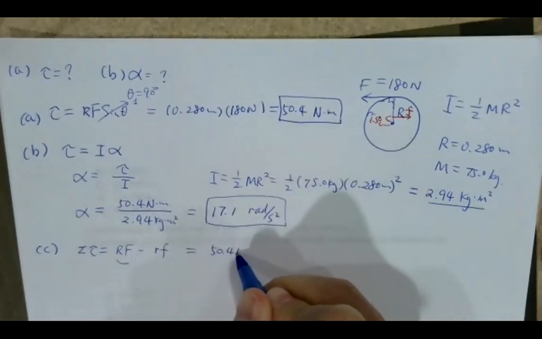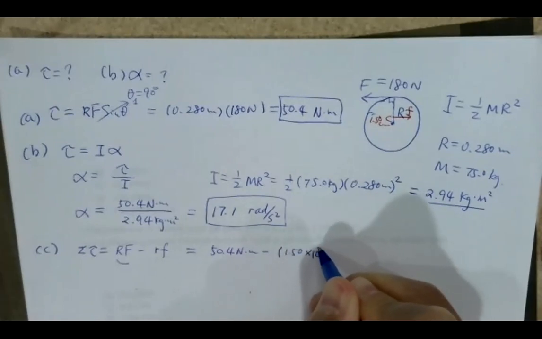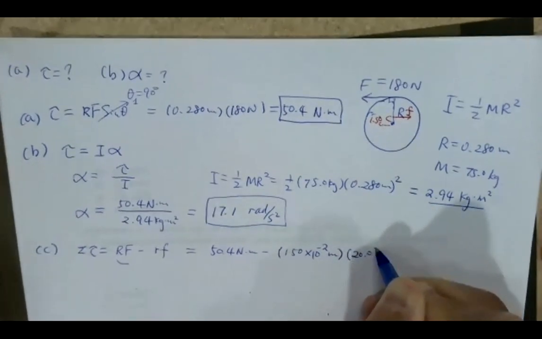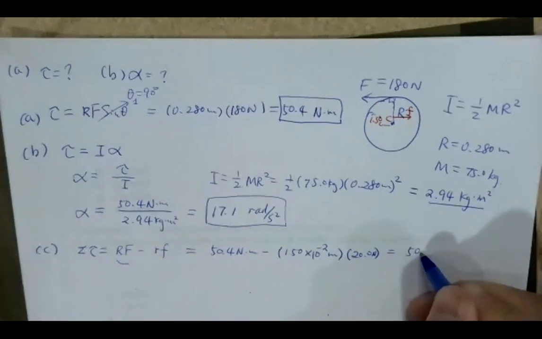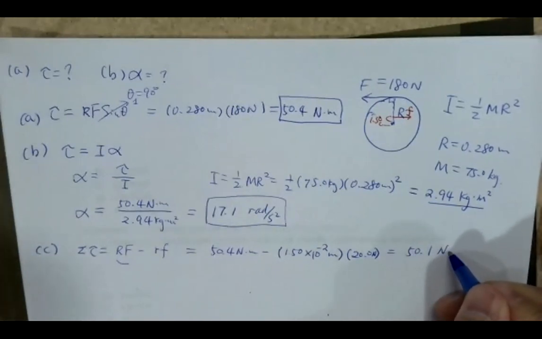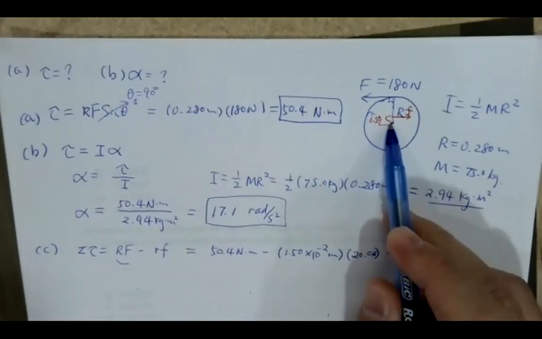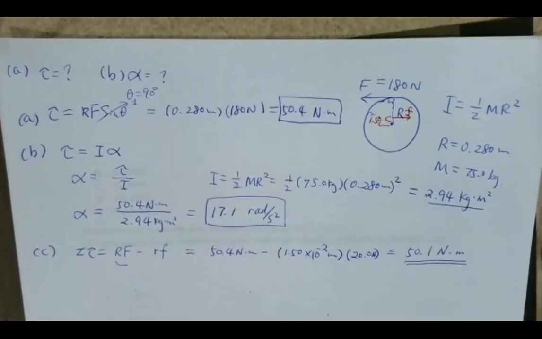You can just take that number down minus the 1.5, that's in centimeters, so convert it into meters and then times the 20 newtons. So that reduced this a little bit, not too much, because that's a smaller force exerted very close to the axis of rotation.